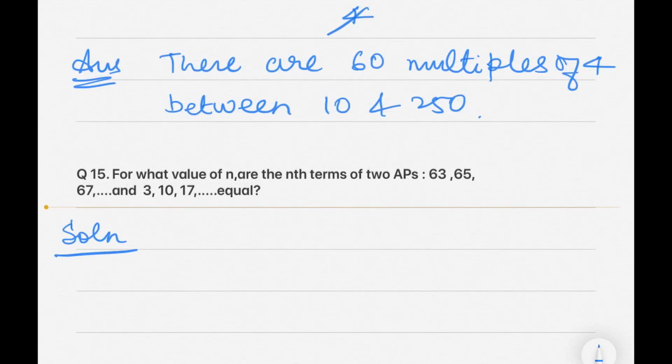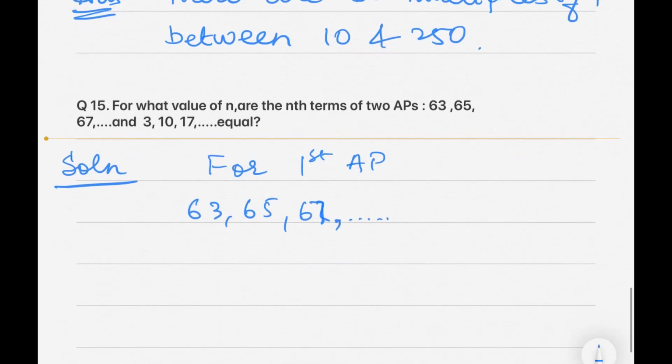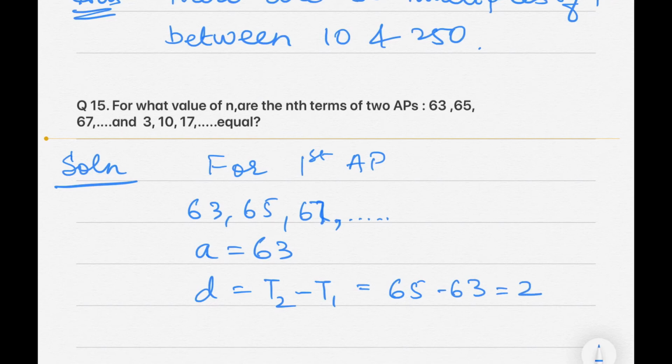I'll take the first AP first. My AP is 63, 65 and 67 and so on. From this AP I know my A is equal to 63 and my D is T2 minus T1, so 65 minus 63, which is equal to 2.